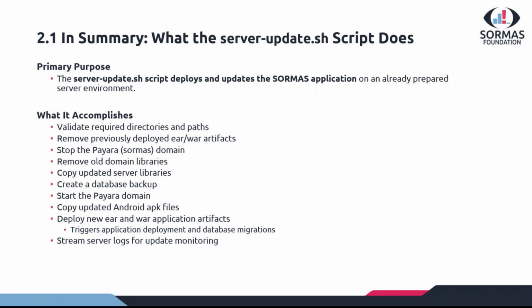It stops the Payara domain, removes the old domain libraries, creates a new backup of the database so that in case the update fails, you can restore your database. Then it restarts Payara, removes old artifacts and deploys the new files, and then shows you the status of things through the server log on the terminal, so you can monitor the status of the update.